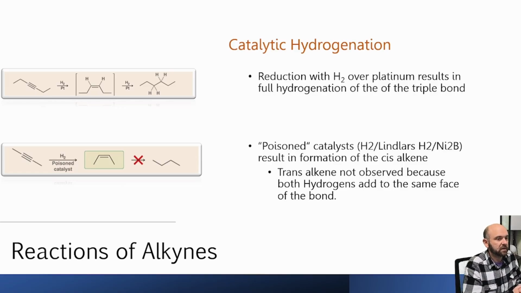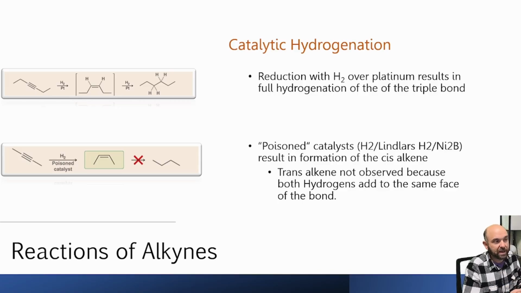So we have solid carbon, with literal platinum metal embedded in microstructures in that carbon, and we mix that all with our alkyne and bubble some hydrogen gas through the mixture. The hydrogen gas, because of the platinum catalyst, will react with the triple bond.